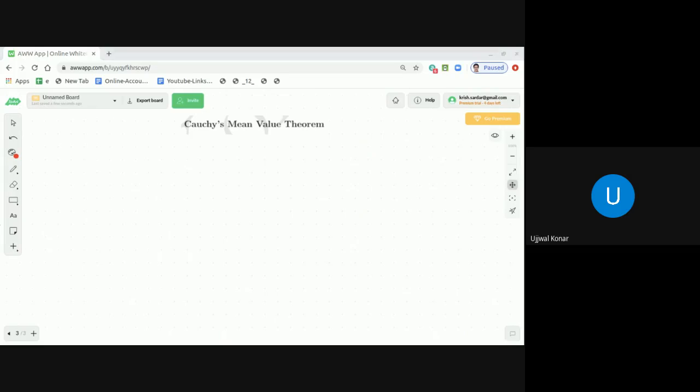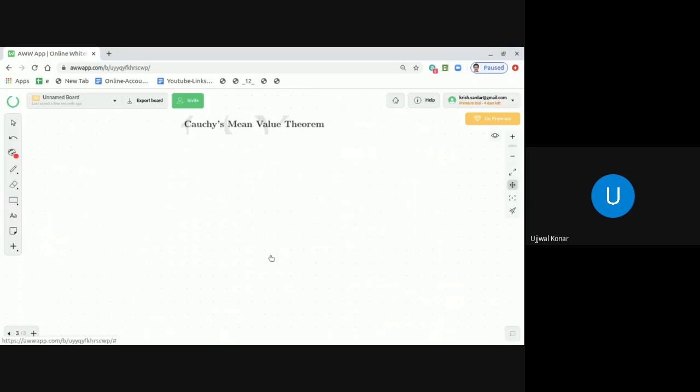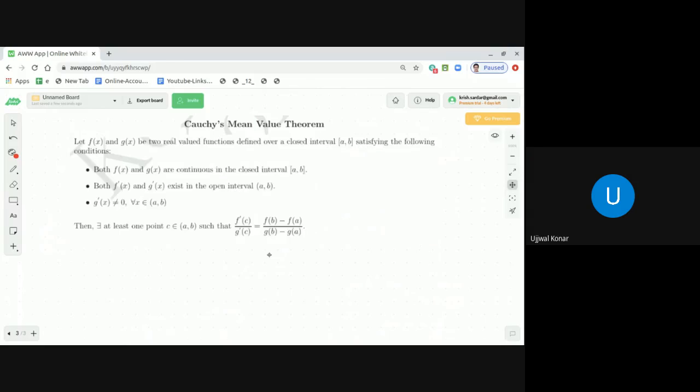Let me define the function first. Let f(x) and g(x) be two real valued functions defined over a closed interval a comma b.